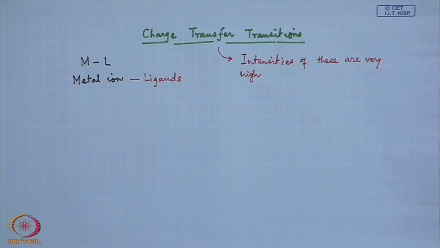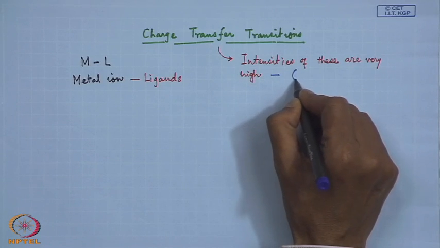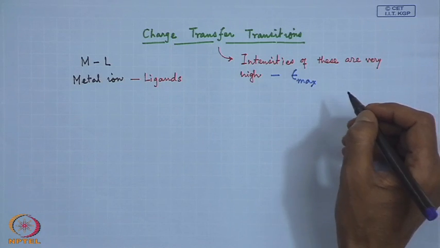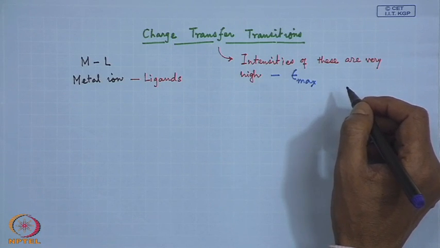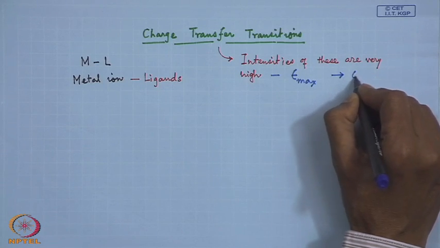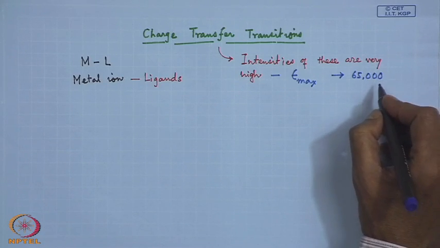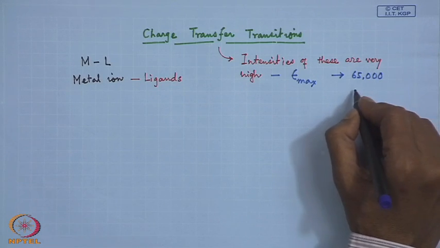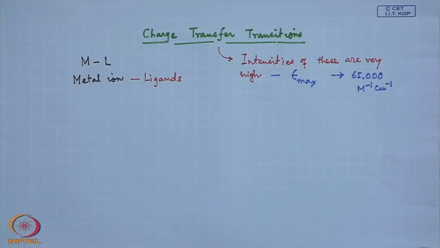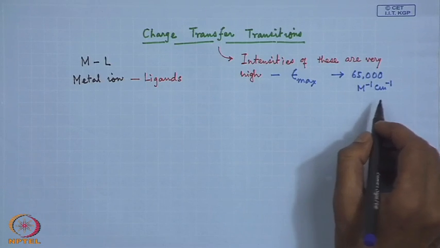And we have also seen earlier that the corresponding epsilon max, which is characteristic of these charge transfer transitions, can go up to say 65,000 or 50,000 or sometimes several lakhs of mole inverse centimeter inverse, or liter mole inverse per centimeter inverse.